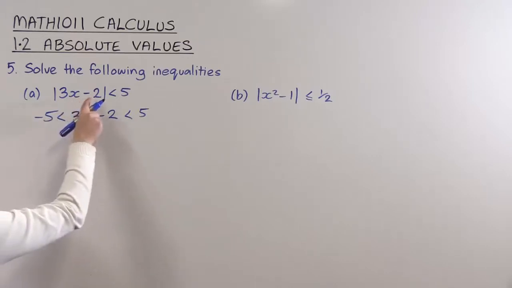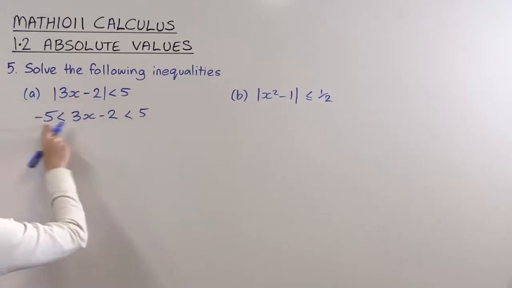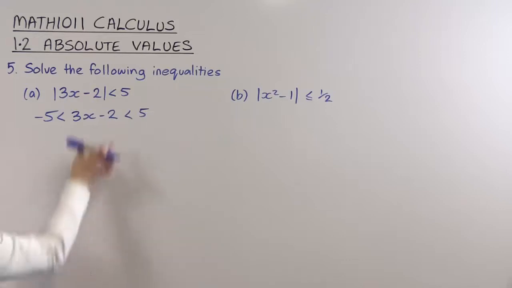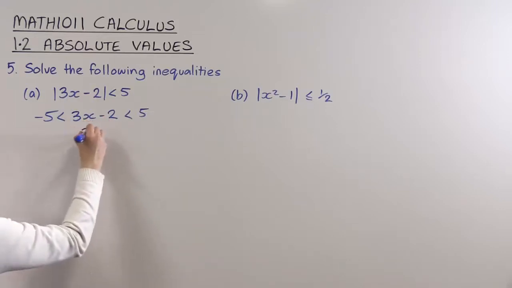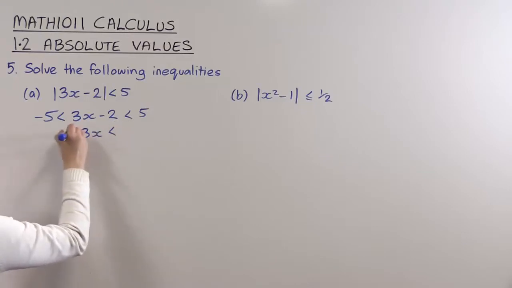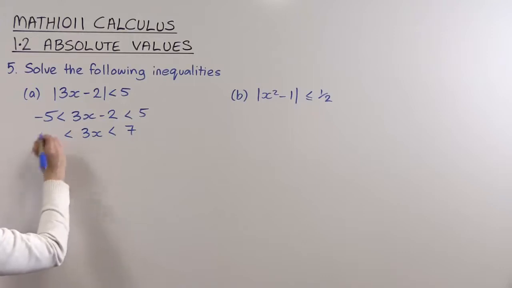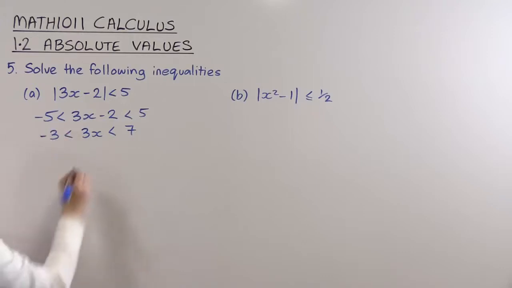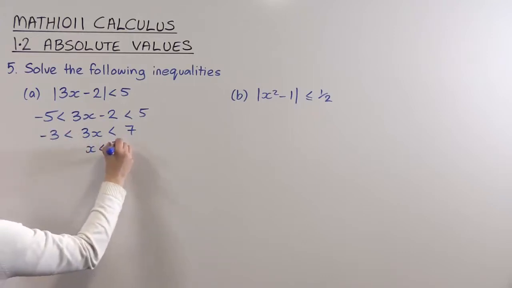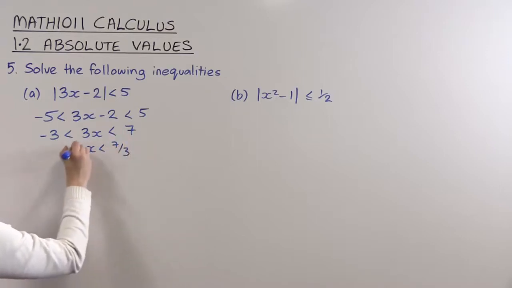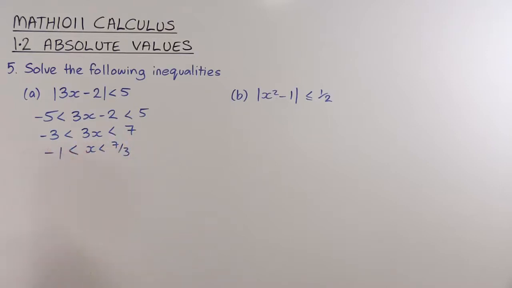So we can get rid of the absolute values by considering it just as 3x minus 2 between minus 5 and 5. Now if I add 2 to every side, we get 3x is less than 7 and greater than minus 3. And then when I divide by 3, I have x is less than 7/3 and greater than minus 1.